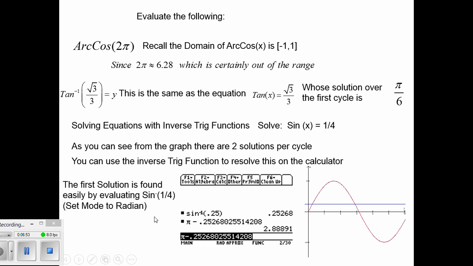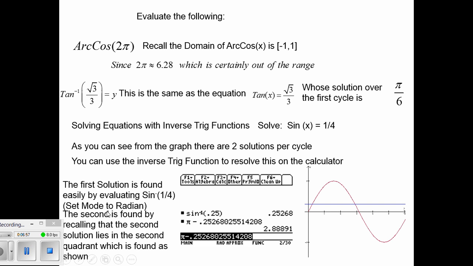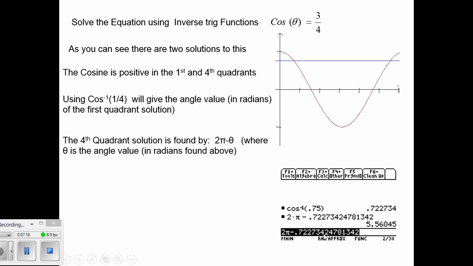I'm going to set my calculator to the radian mode, and I'm going to ask for the inverse sine of 1/4, 0.25. And this says it is 0.25, okay? But now my two hits where that's going to happen are going to be that 0.25 and pi minus that value, which figures numerically to be 2.88, okay?